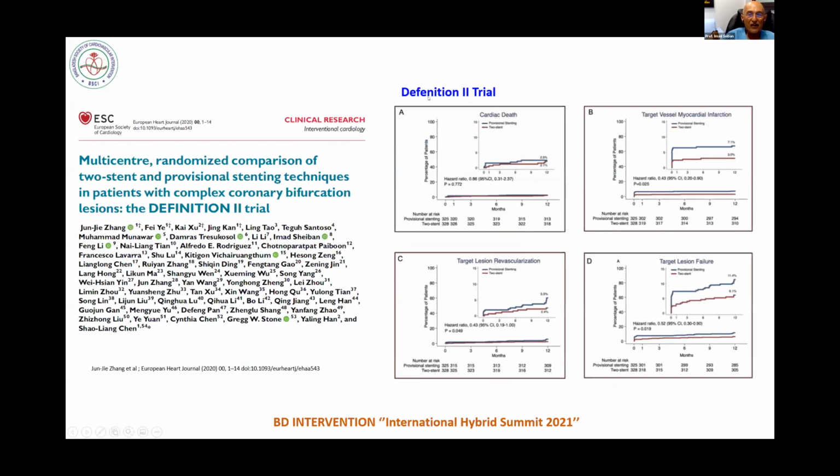If we look at the DEFINITION II study, which is dealing with the same question, one provisional stenting versus a two-stent technique, but in complex bifurcations, then you can see that the lesion length on the side branch is more than 10 millimeters in almost 95% of cases. And here it is clearly shown that in this kind of patient, and given the distribution of lesions on the side branch, the two-stent technique is better than a single stent.